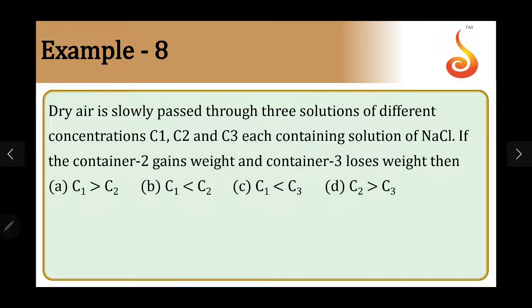Example 8. Dry air is slowly passed through 3 solutions of different concentration, that is C1, C2 and C3, each containing solution of NaCl. If the container 2 gains weight and container 3 loses weight, then what can we conclude?